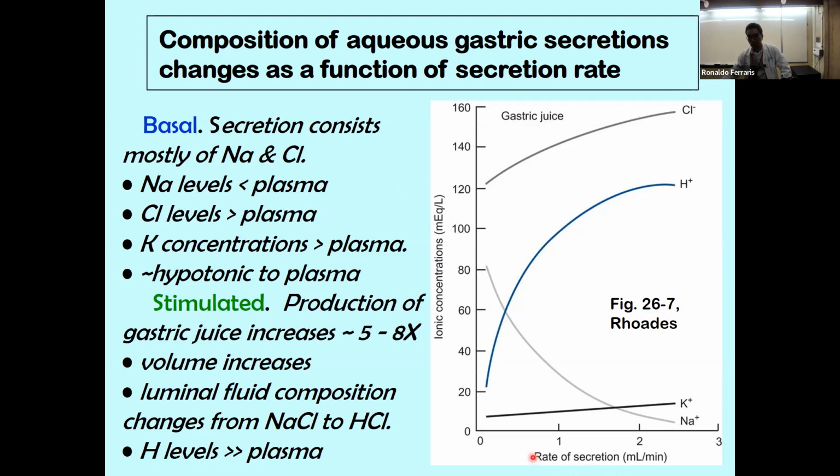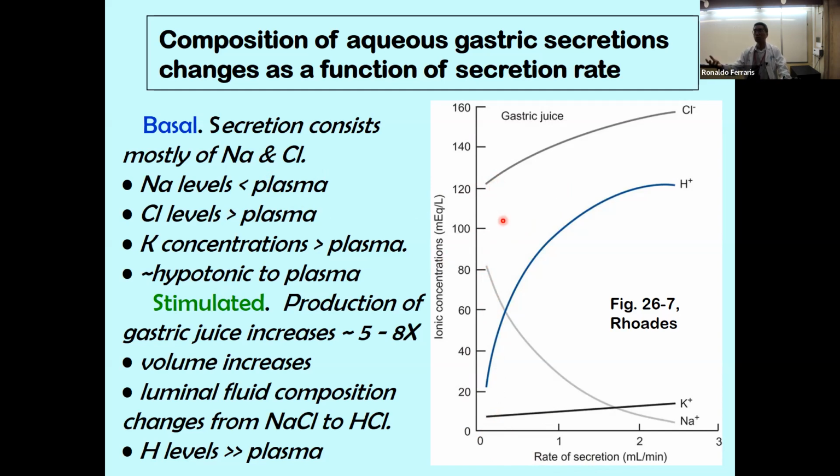So basal secretion, when you are not eating, listening to my excellent lectures, then you have sodium and chloride as the primary secretion. So this is it when you're having fun learning GI physiology, right? The best physiology of all. I need you to know what the concentration of ions in the plasma is.